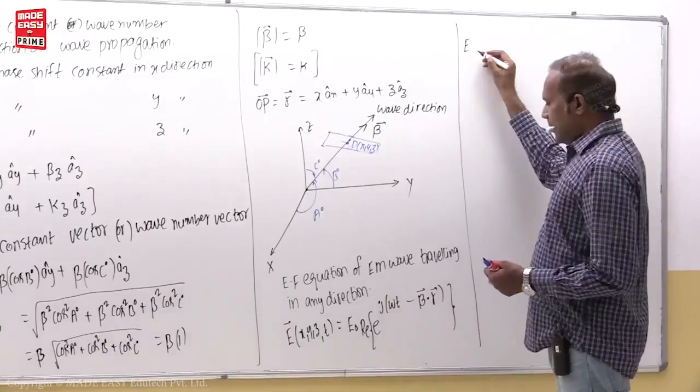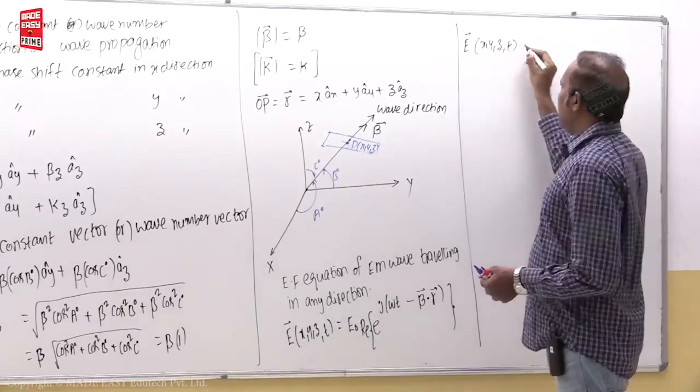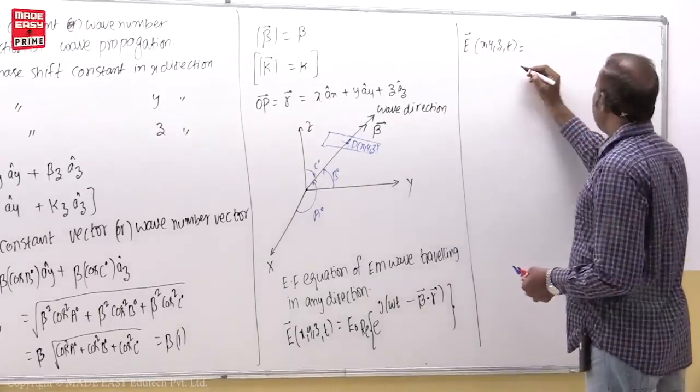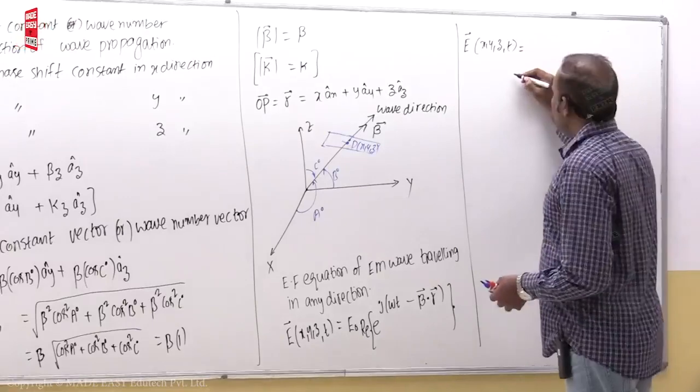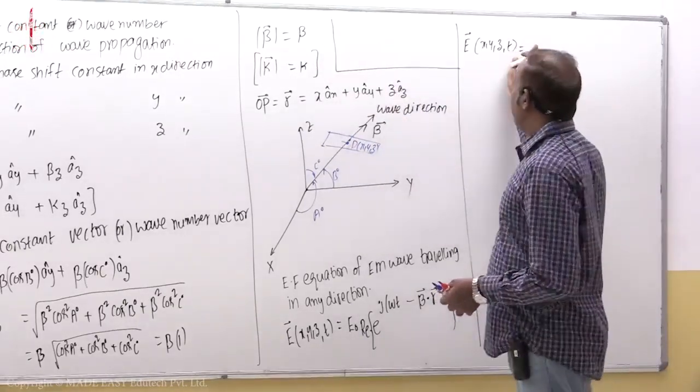So the electric field E bar of x, y, z, t is equal to, here the place may not be sufficient. Okay, I will use the place like this.